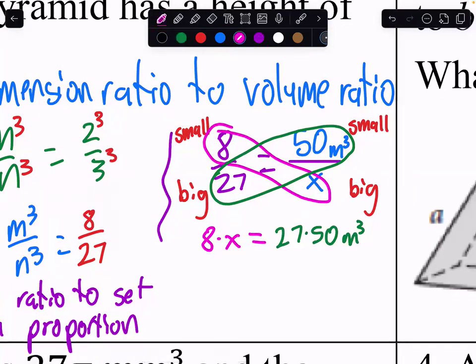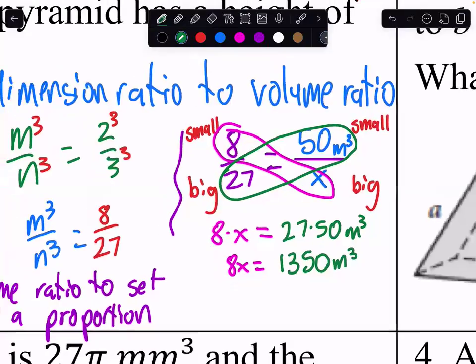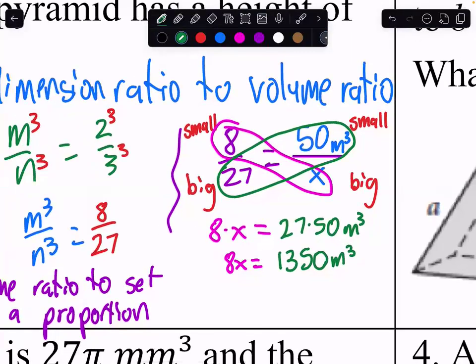All right, so 8 times x is just 8x. 27 times 50 meters cubed is 1,350 meters cubed. Okay, and then divide both sides by 8.